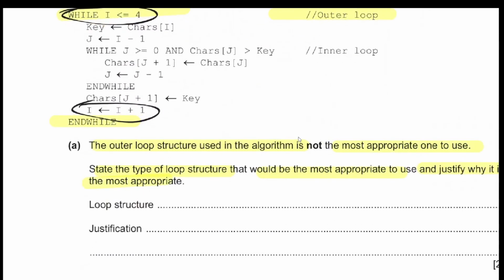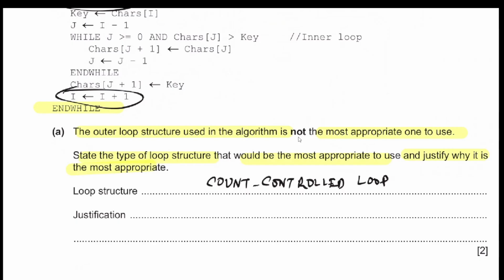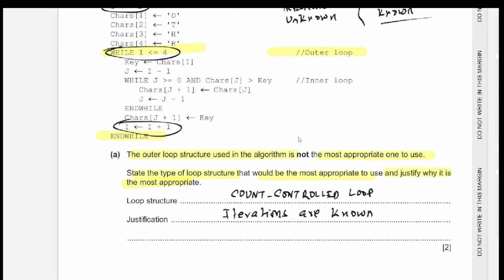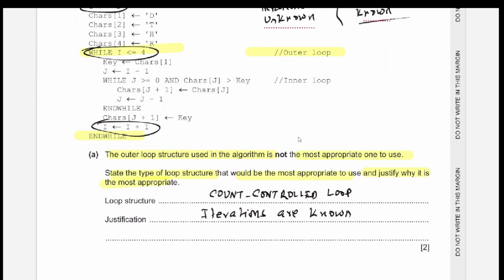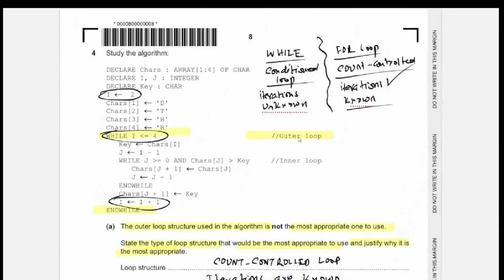So the loop structure must be a count controlled loop. Justification: because the iterations are known. Because we know how many times this loop is repeating. So this is the answer for this A part.